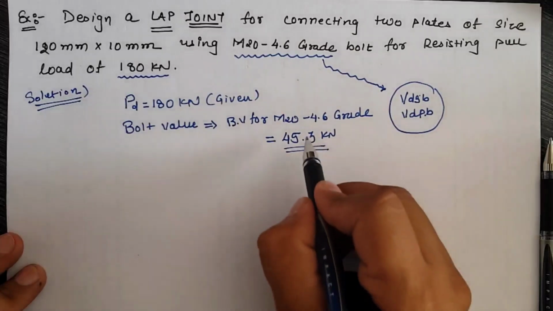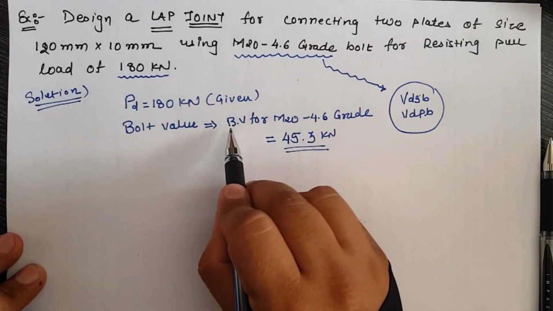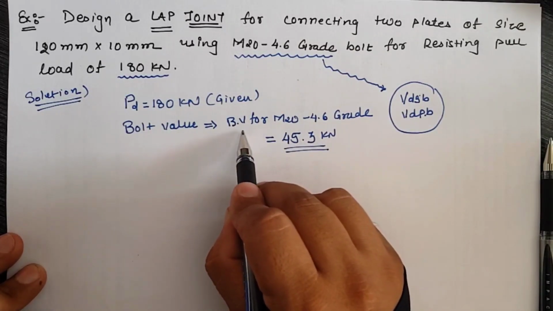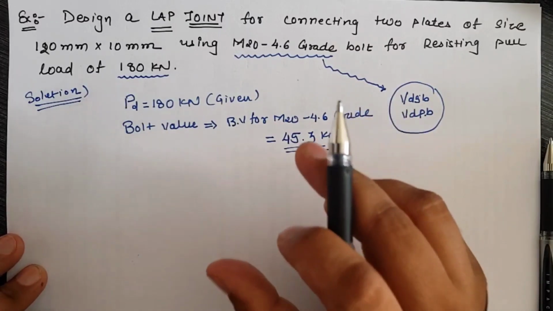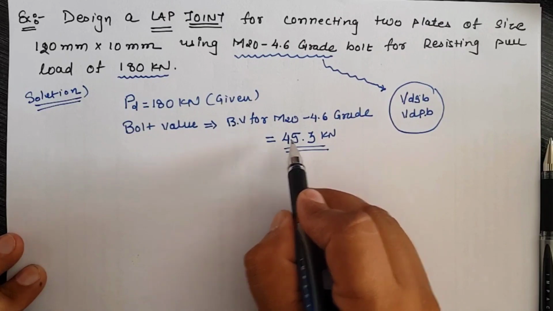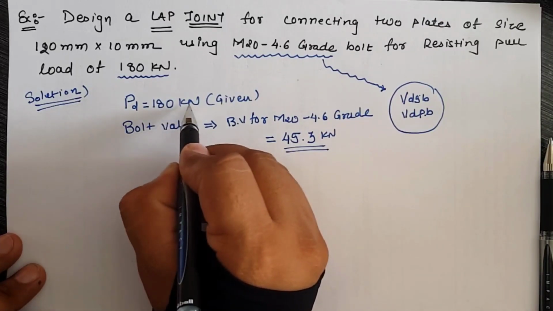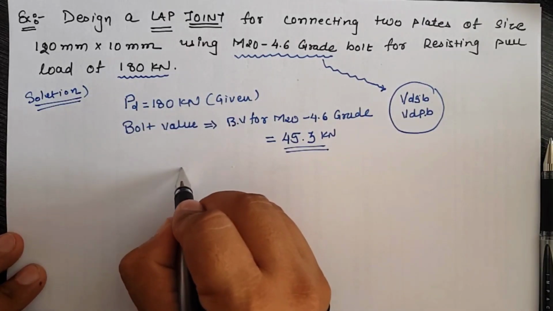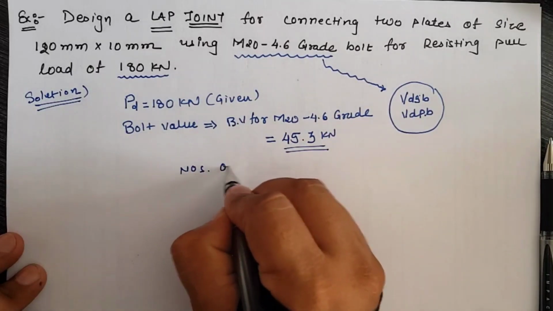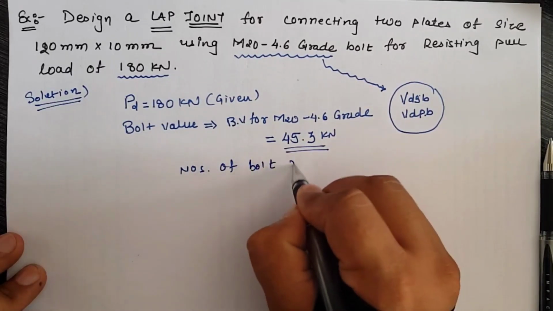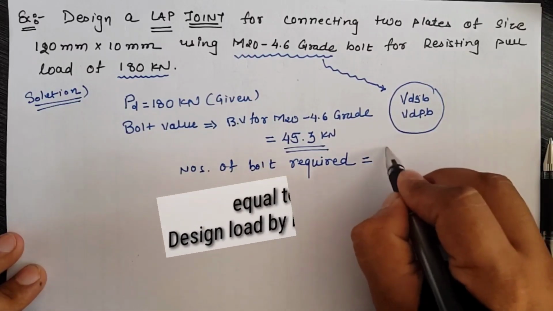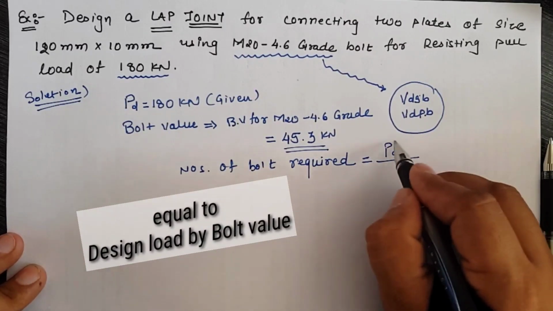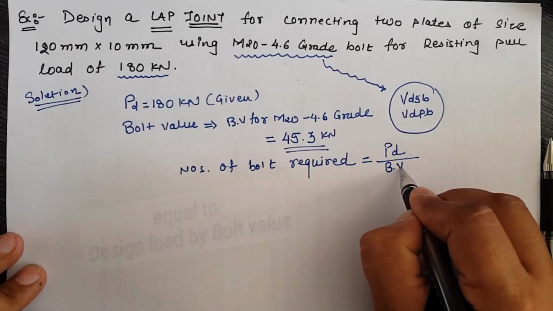Now generally bolt value indicates that one single bolt takes 45.3 kilonewton load, meaning the single bolt capacity is 45.3. Now we have to design for 180 kilonewton load. So the number of bolts required can be found by dividing the design load by the bolt value.